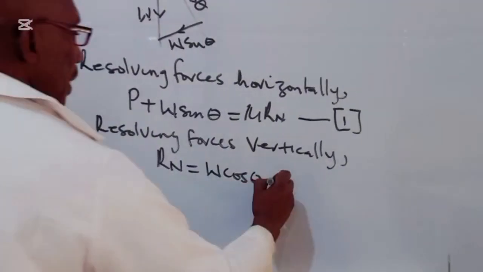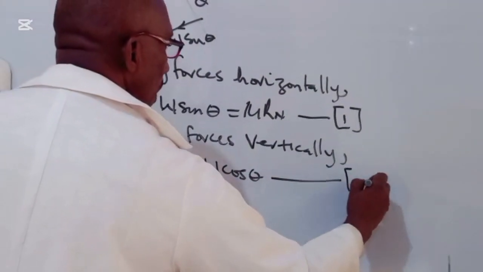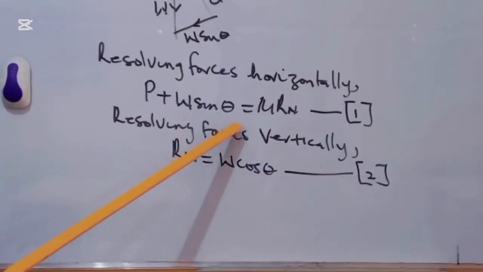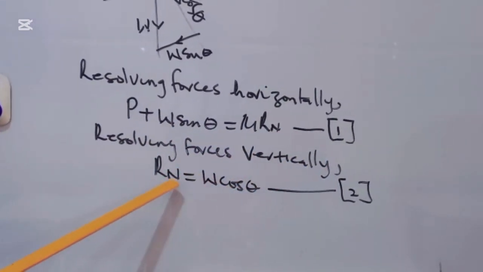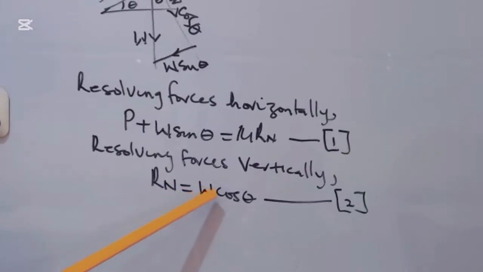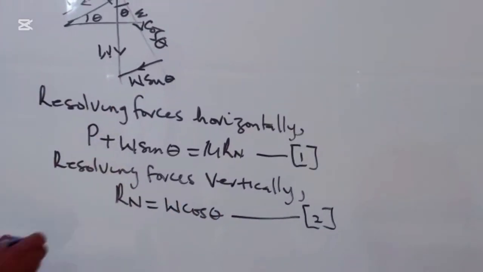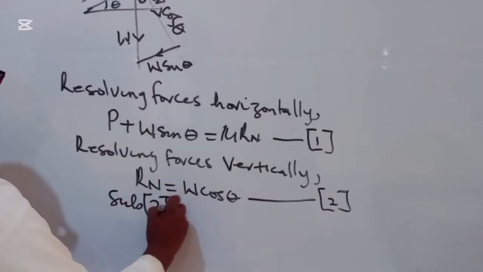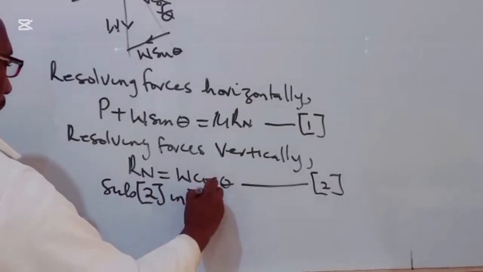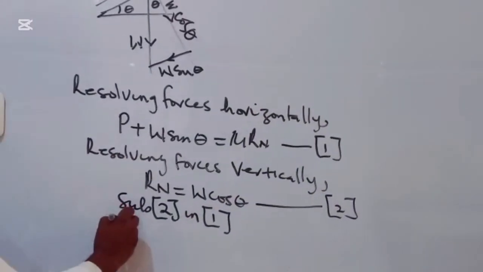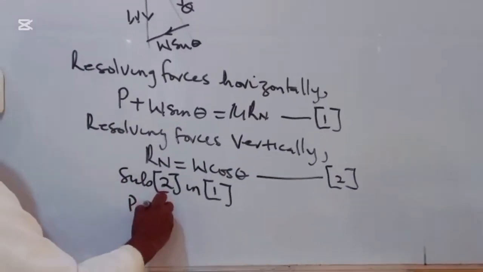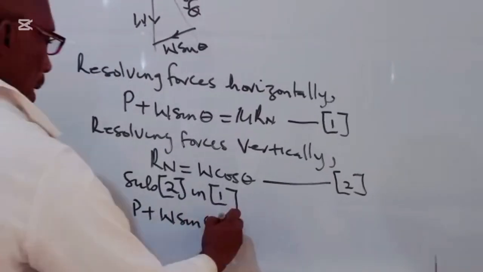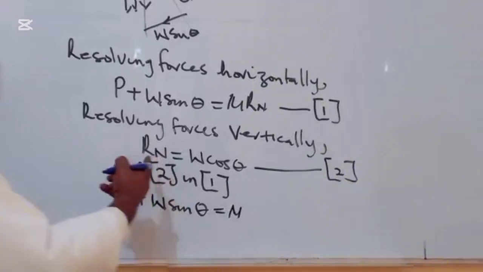Now let us call this equation number 2. Now, equation number 1, P plus W sin theta equals mu Rn. And I have equation number 2, Rn is equal to W cos theta. So let us substitute equation 2 in equation 1.